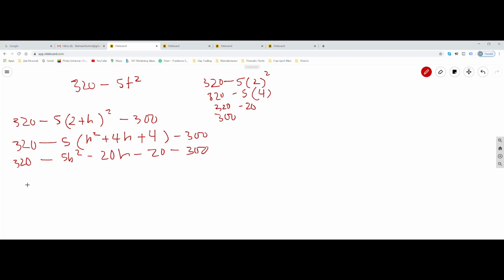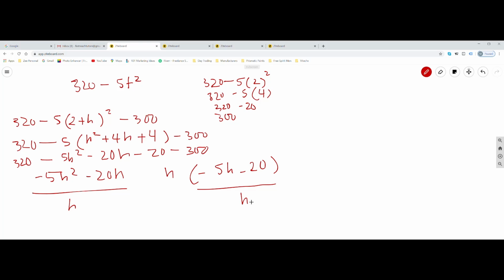You're left with negative 5h squared minus 20h over h. So factor out the h, which would be negative 5h minus 20 over h.